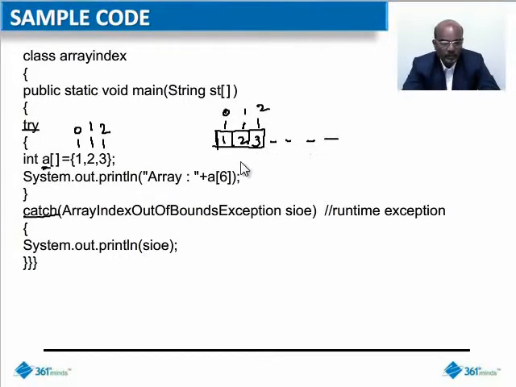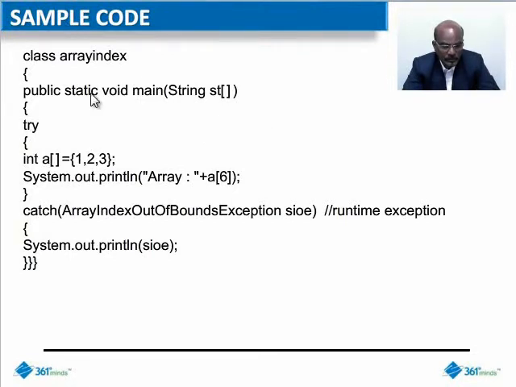Therefore you get the array index out of bounds exception when you run this program, and we are catching this error. The array out of bounds exception is caught by using the catch method, and in the system.out.println, we simply print the exception. Let's see what the output looks like.